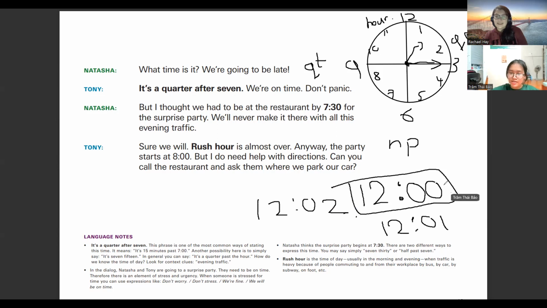No, we say it as 12 o'clock on the dot, which means exactly. It means it's not 1 minute past or 2 minutes past. It means it's exactly 12 o'clock. Okay. I don't know what I'm drawing.